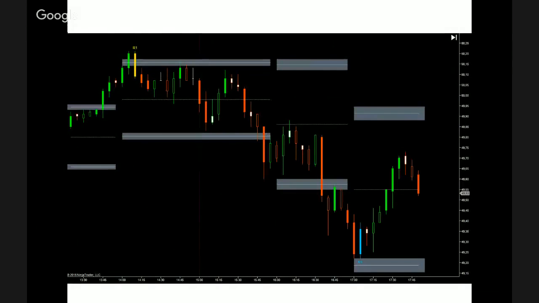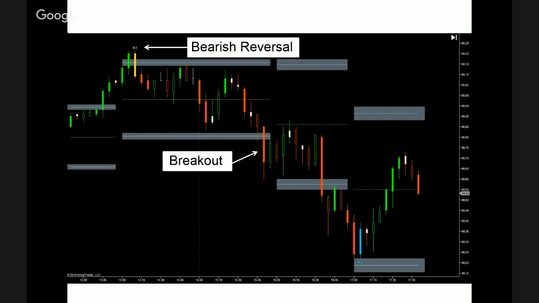All right, so back into the chart here. 5 minutes of the crude contract, again with a 60-minute range as the auction range. We have a higher high plotted up here and a lower close than the previous bar, right at the upper edge of the current trading range, the auction range. And then we see the price here drifting towards the lower edge, making a retest of this level. And then we have a breakout towards the downside.